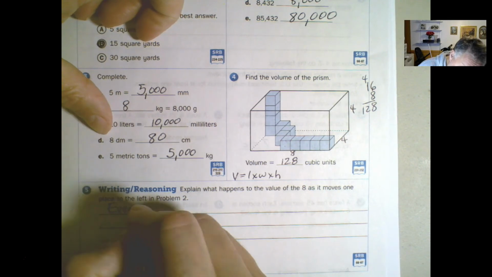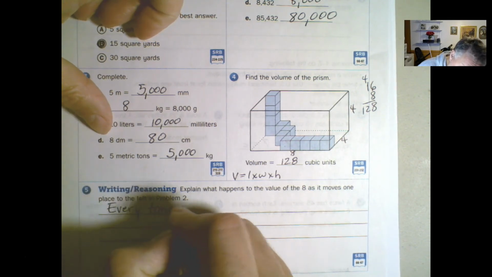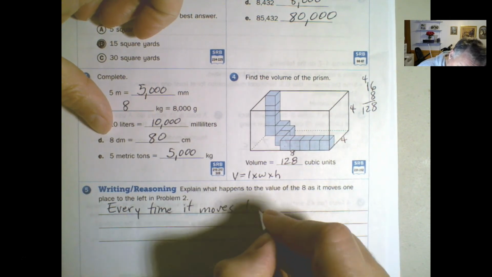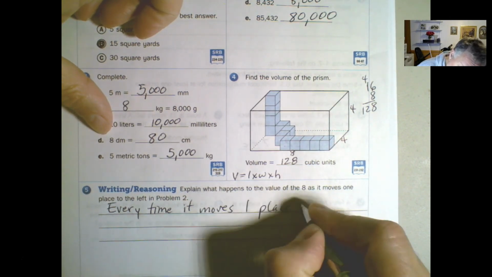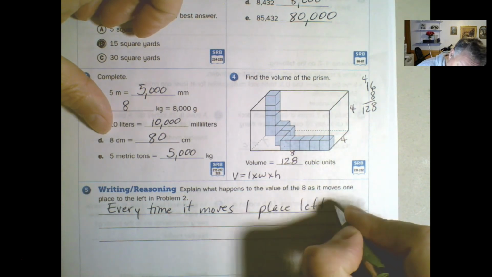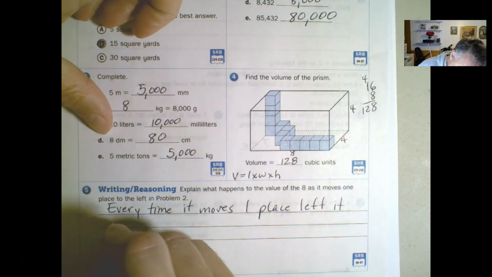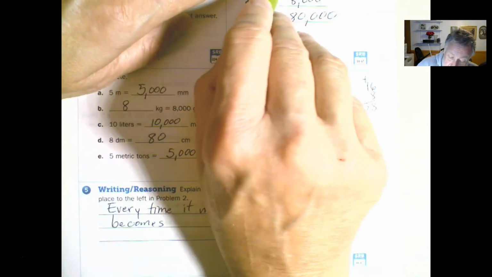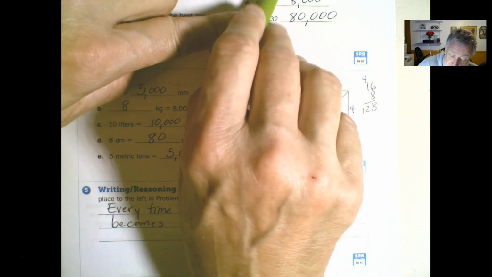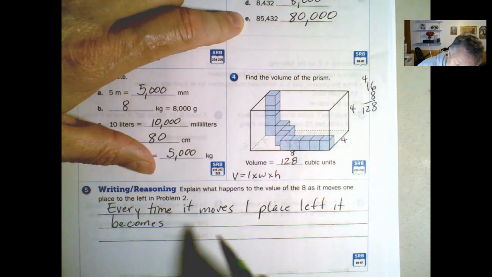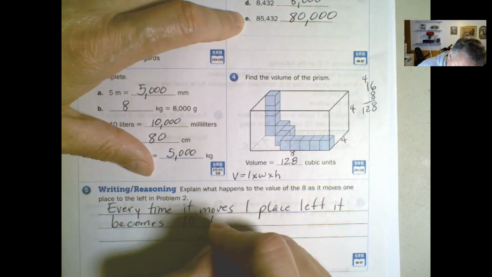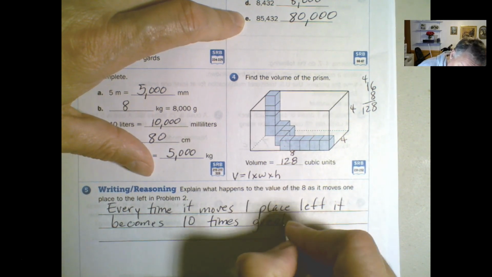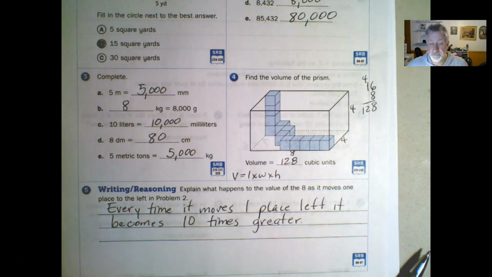Every time it moves 1 place left, and there's our pattern, so it's moving left every time, 8 to 80, 80 to 800, it becomes 10 times greater. And there you go.